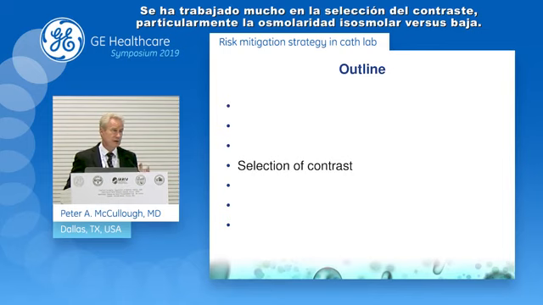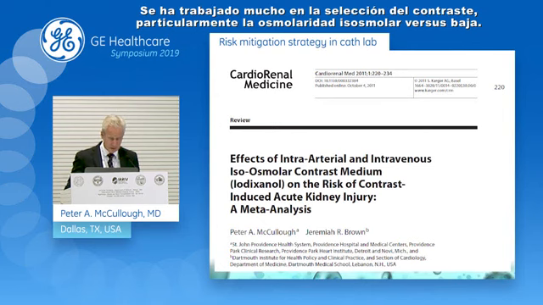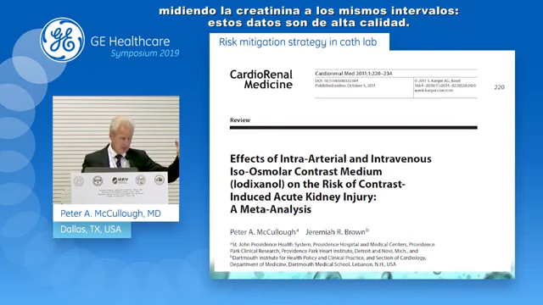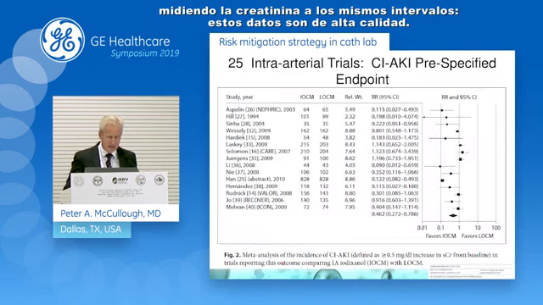There's been a lot of work done on the selection of contrast, particularly the isoosmolar contrast versus low osmolar contrast. The most recent meta-analysis came in about 7 or 8 years ago, where we had direct head-to-head clinical trials that measured the serum creatinine at the same time point to get the highest quality data here.